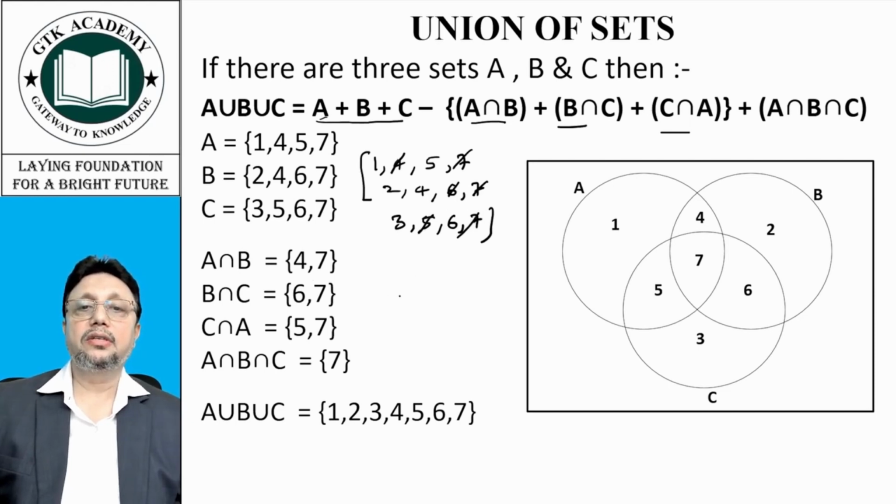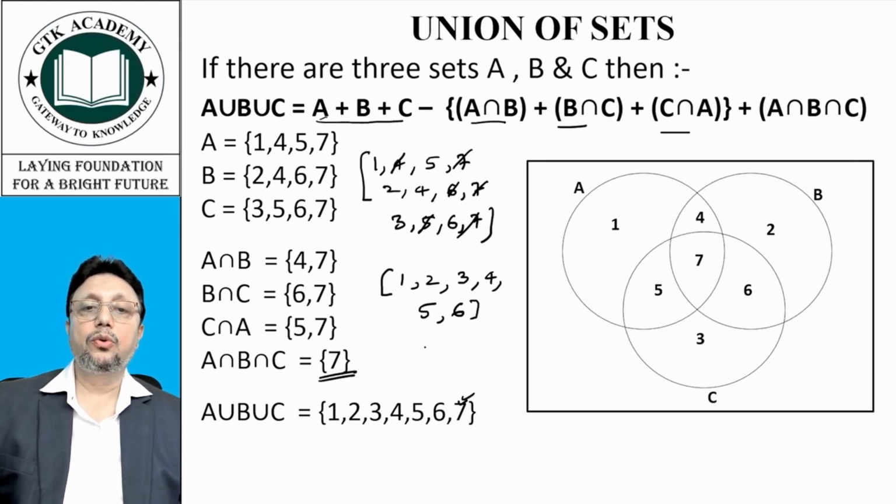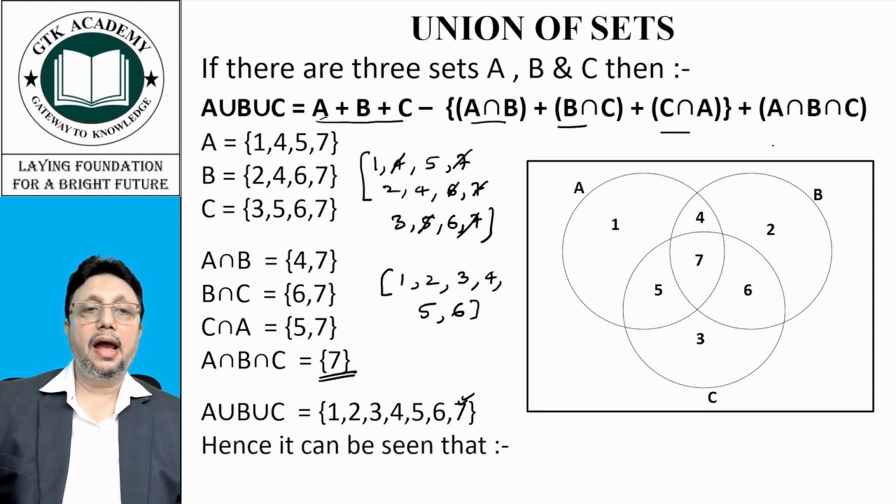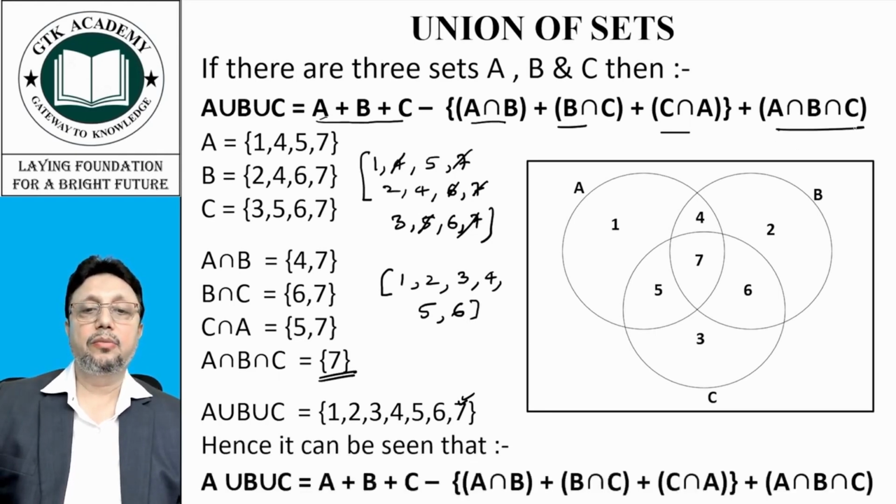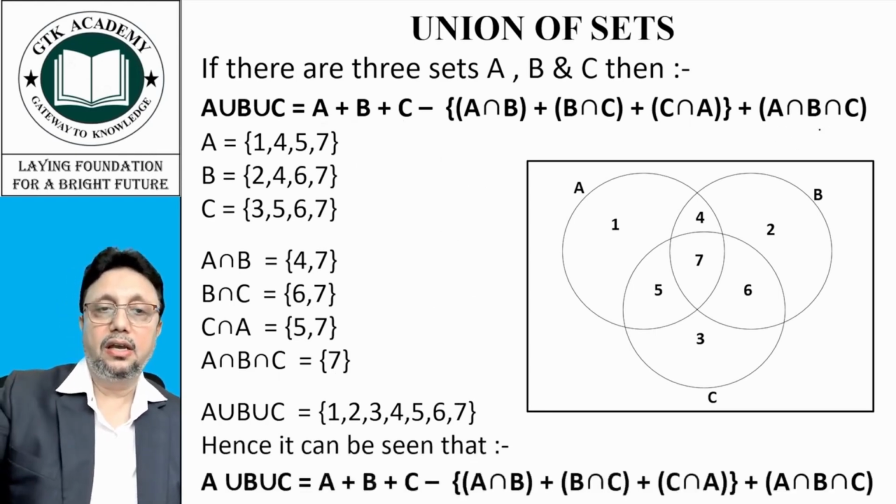They all get cancelled. So we are left with 1, 2, 3, 4, 5, and 6. But we have to have 7 also. And 7 is A intersection B intersection C. So what we have to do? We have to add A intersection B intersection C.